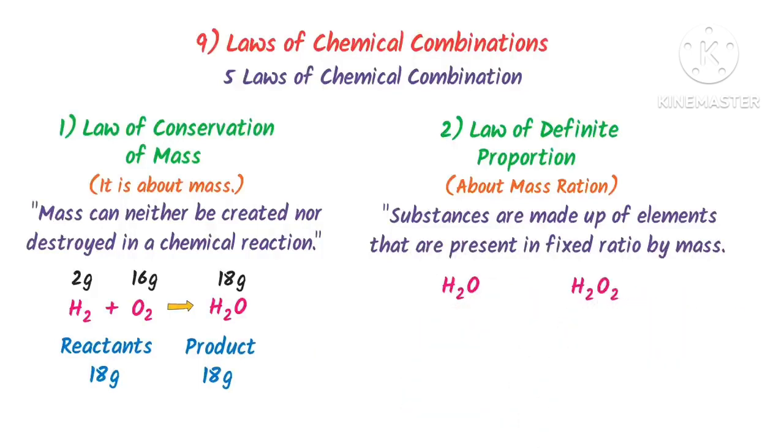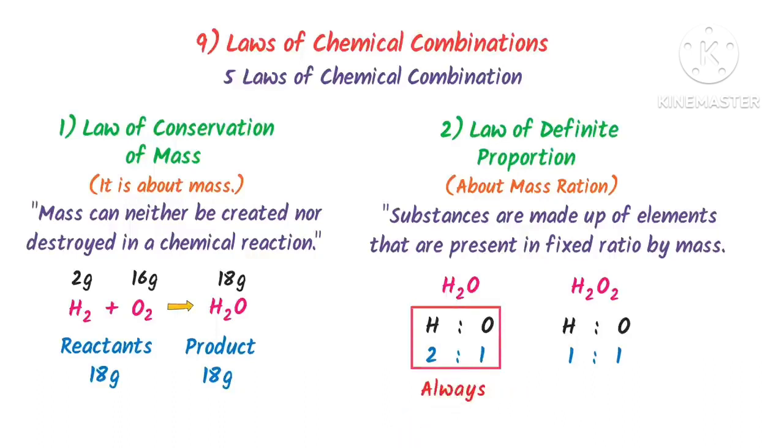In water, the ratio of hydrogen to oxygen is 2:1, while in hydrogen peroxide, the ratio of hydrogen to oxygen is 1:1. It shows that the ratio of hydrogen and oxygen would always be 2:1 in the water, while the ratio of hydrogen and oxygen in hydrogen peroxide would always be 1:1. Therefore, we say that chemical substances combine in fixed ratio by mass.